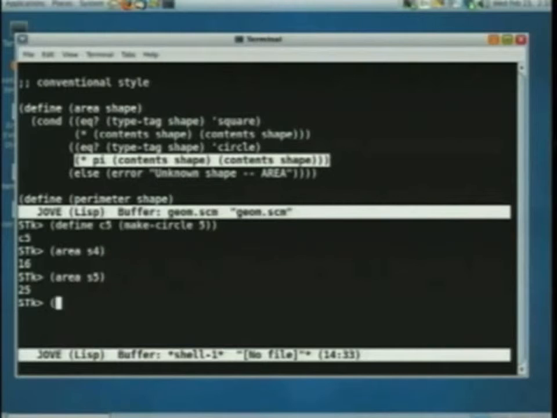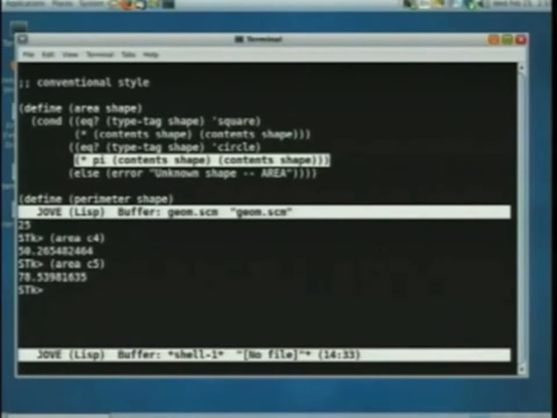So if I ask for area of c4, I get pi times 16, which is about 3 times 16, which would be 48. This is 50, close enough. Area c5, I should get something around 75 or 80. Yep, there we go. Okay? Any questions about how this works? Great, this is the easy one.